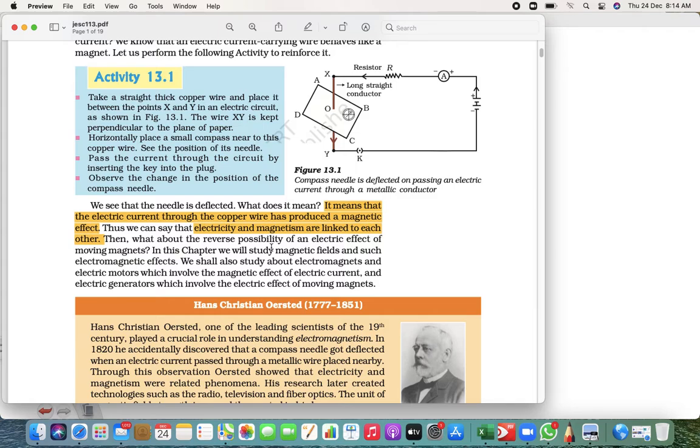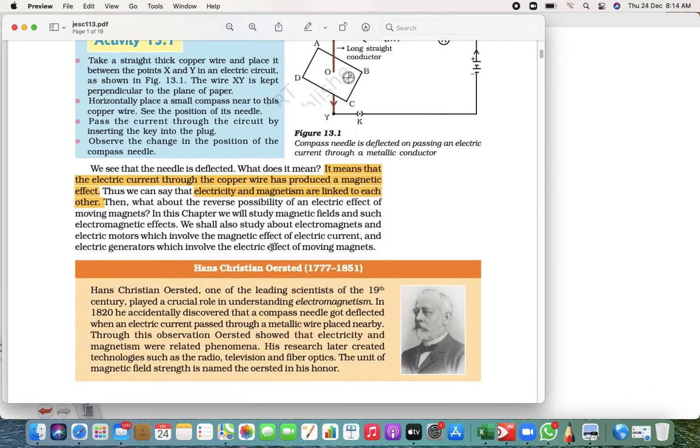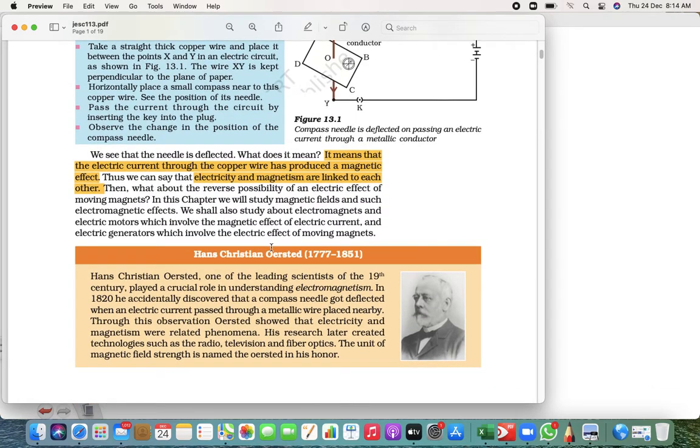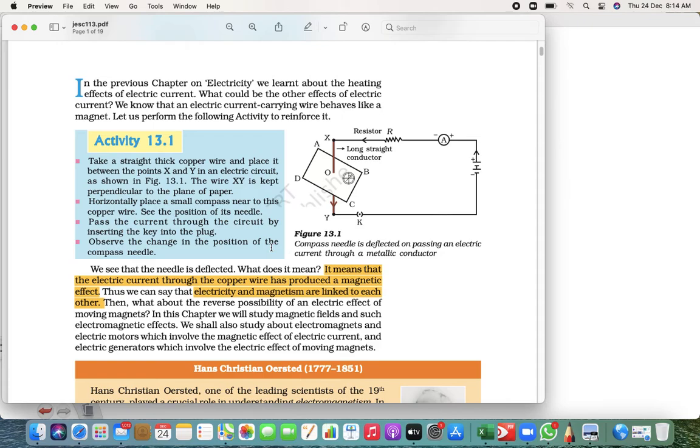He was a teacher doing some research or experiment in his lab, and there was a magnetic compass near the experiment. Can you see figure 13.1? There is a resistance, ammeter, battery, a loop with the wire passing, and a compass near it.